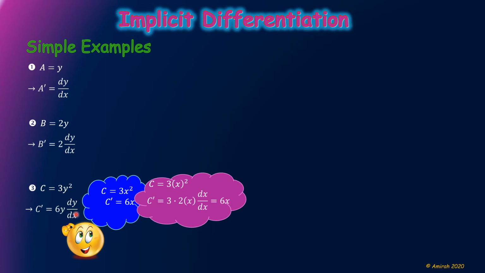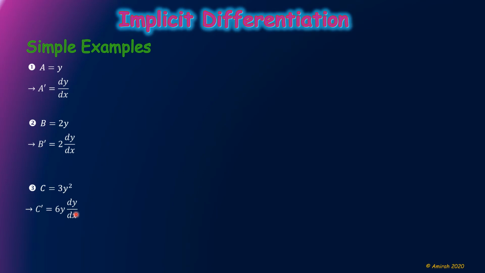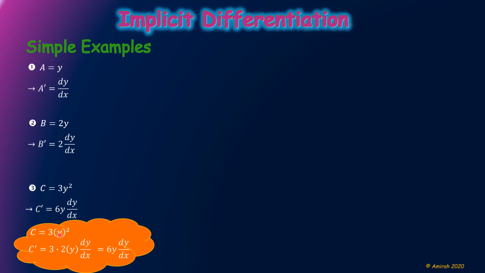Now, let's say we assume y is inside the bracket. So we have c equals 3 and then we put y in a bracket and then square. Every time we have a bracket with a power of any value, we can use the generalized power rule. So when we differentiate, we still put the constant in front and then move the power to the front.